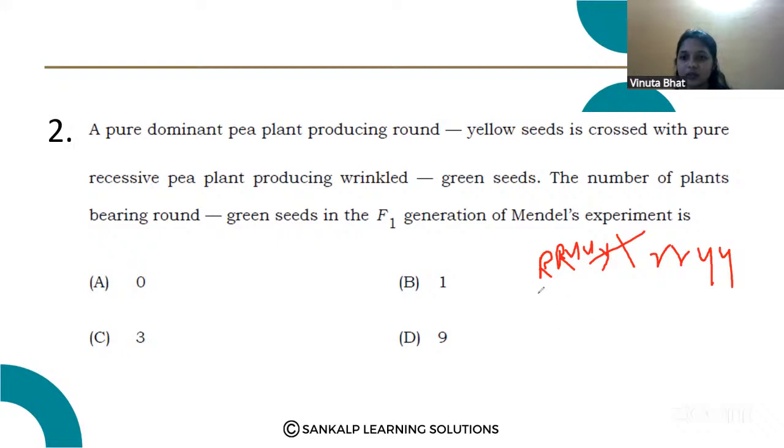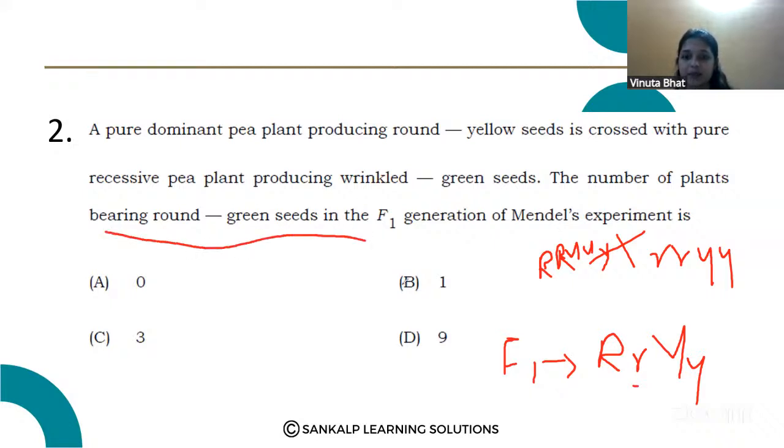So in the F1 generation the plants will be capital R, small r, capital Y, small y: round yellow seeds. The number of plants bearing round green seeds? Round green seeds are not produced in the F1 generation. They will be produced in the F2 generation. So in the F1 generation, that is 0.